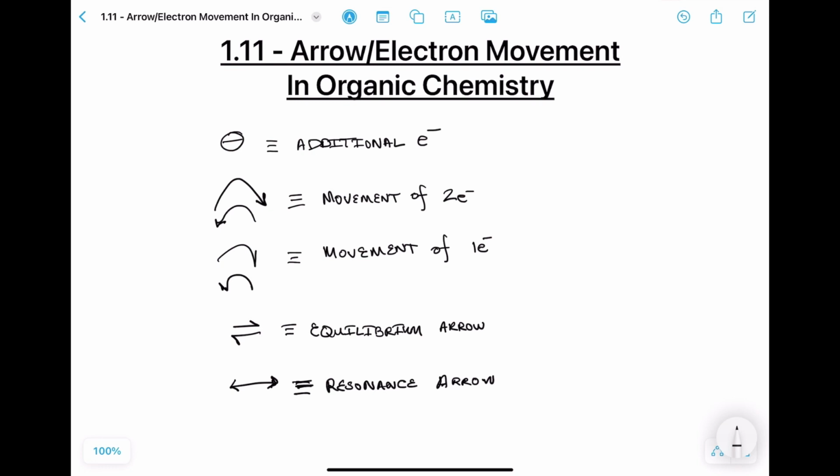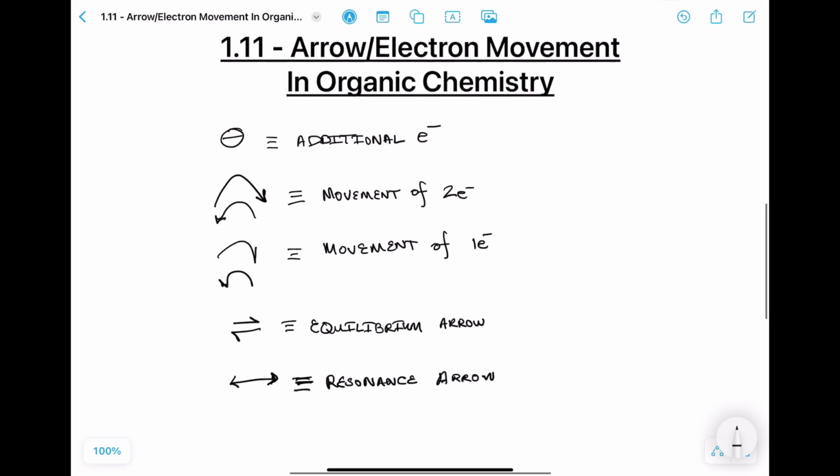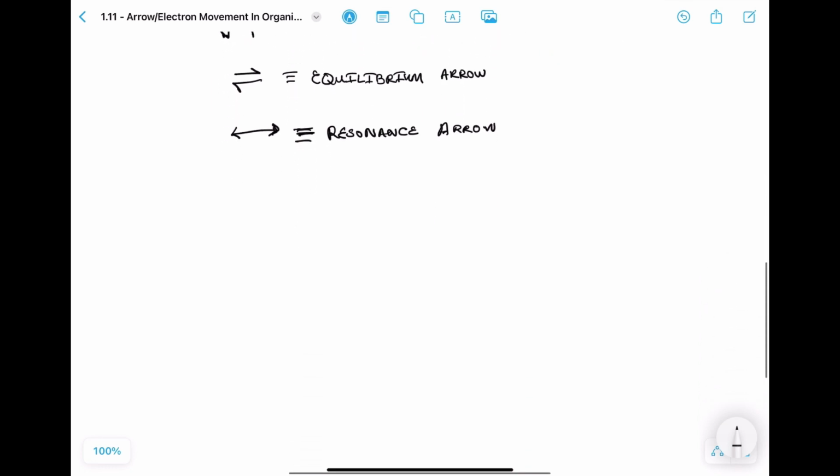Now, convention tells us that we always have to move from electron-rich to electron-poor. And what does that look like? That looks like a negative charge over to a positive charge.